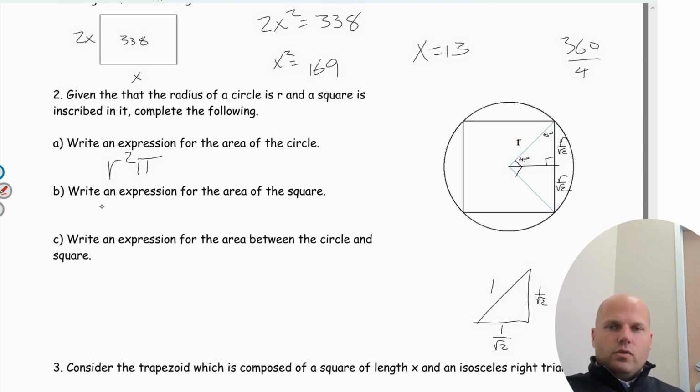So we have 2r over root 2, squared, which is 2r times 2r, which is 4r squared. Root 2 times root 2 is root 4, which is 2, which means you get 2r squared. Is that right?